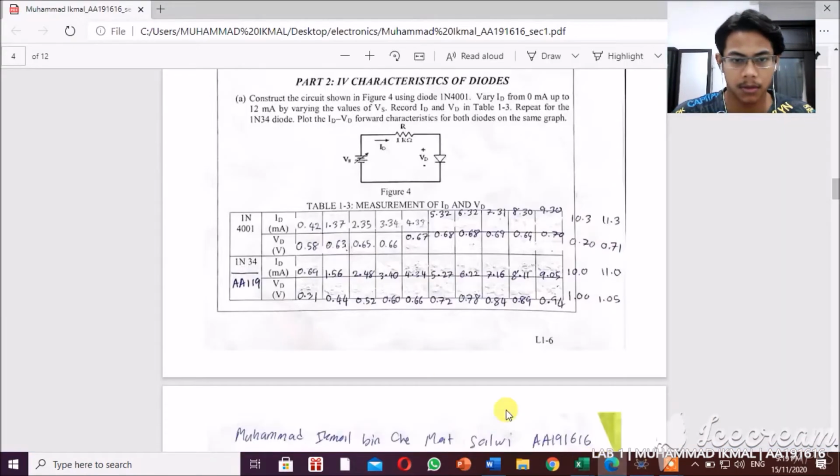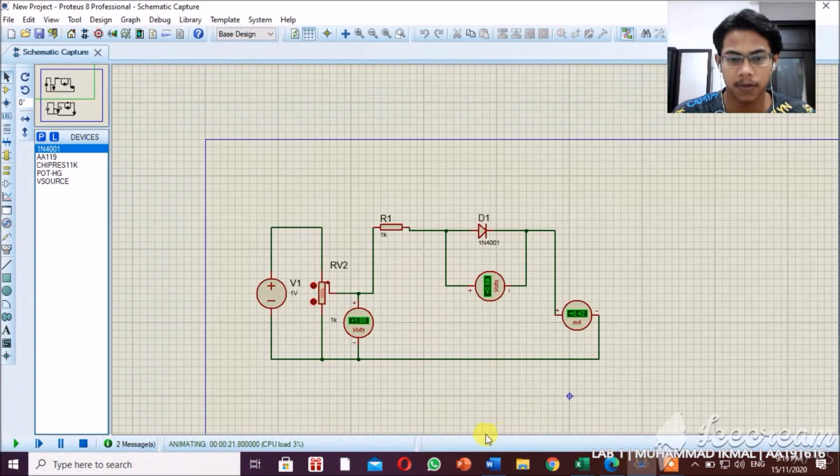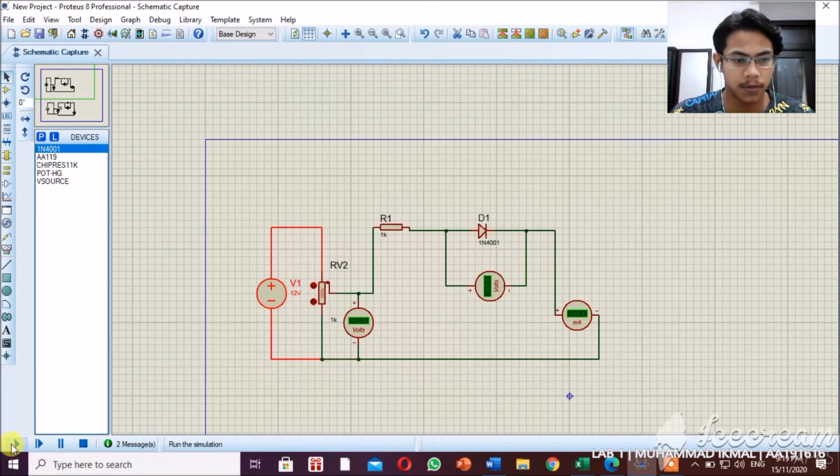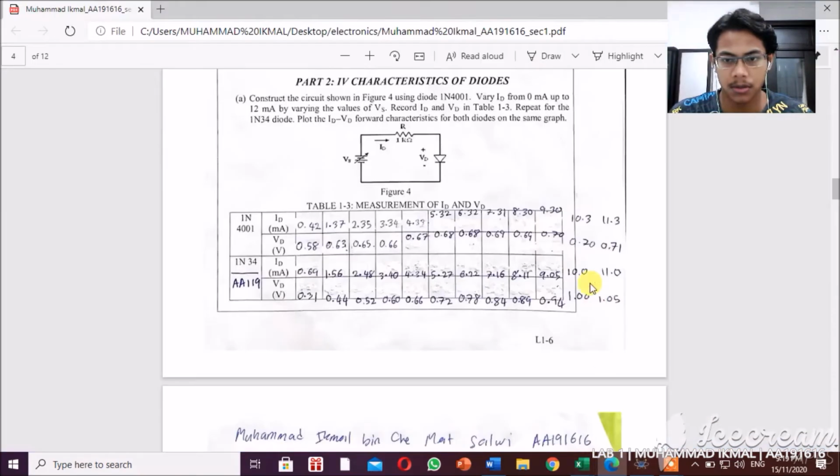So the record I get is the same. I continue until I get 12 volt. With the 12 volt, I get 0.71 volts for the silicon diode, and the current flow is 11.3 milliampere. So the results are the same as my table measurement.